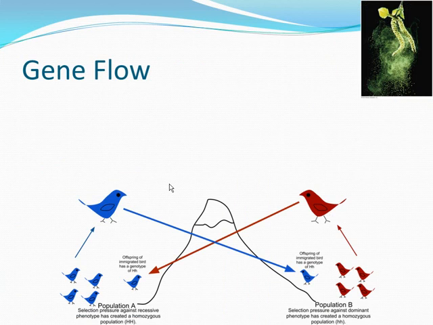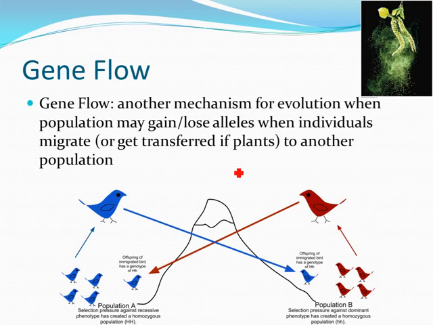Okay, once again, gene flow is this migration of alleles where you have one population here. In this particular population, it is against the recessive alleles or recessive phenotype, while this population here tends not to have any dominant alleles in this particular case.